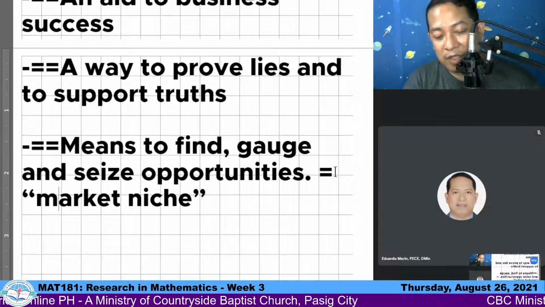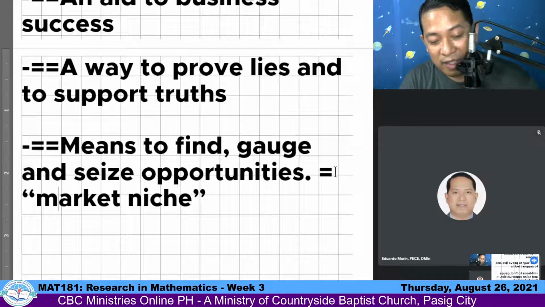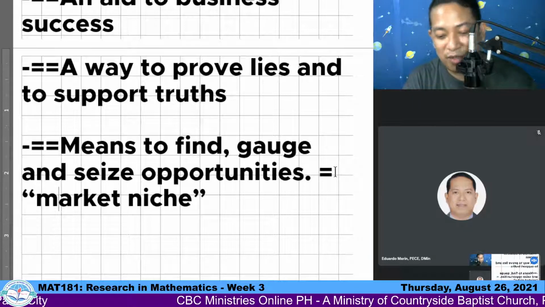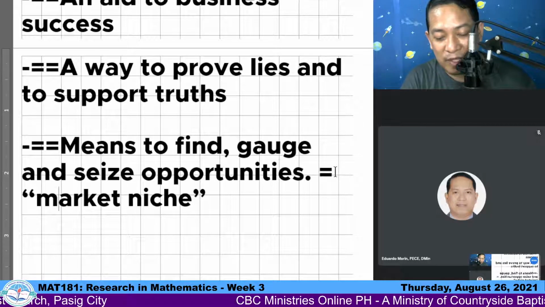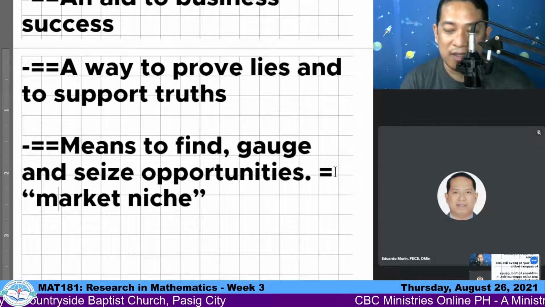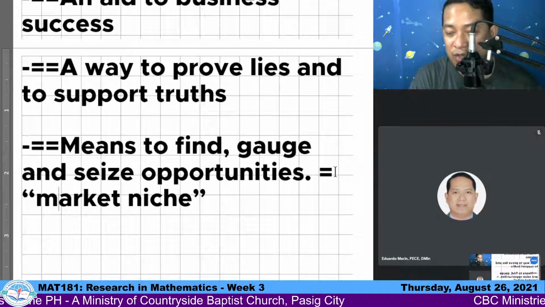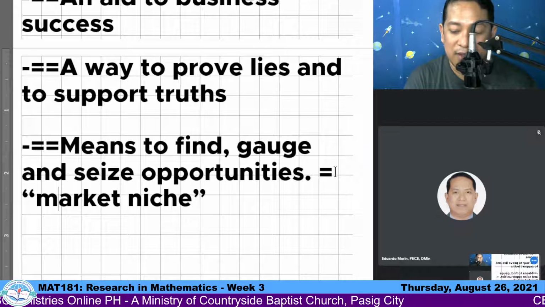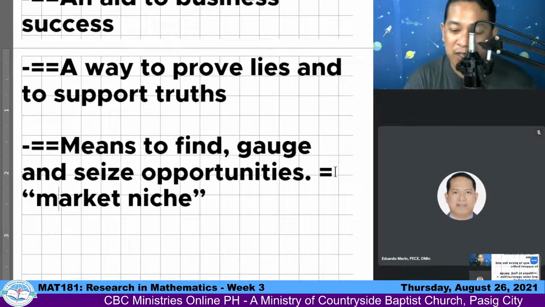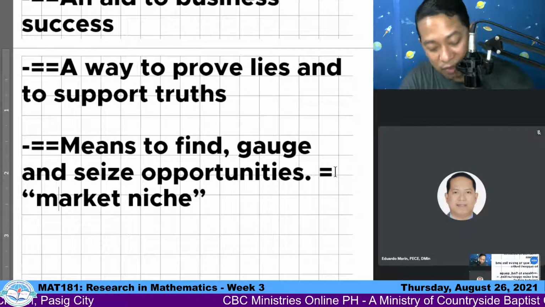Ano ba yung mga 21st century skills nila na meron ka o wala ka? So that could be a way to gauge, no? By simply having some research inquiry. Perhaps if you are in the minimum qualification of certain employment requirement, you could gauge, no? Or you could find opportunities just like my, as a freelance consultant.